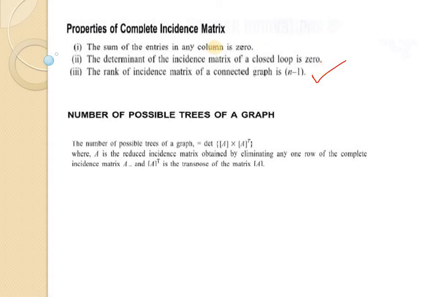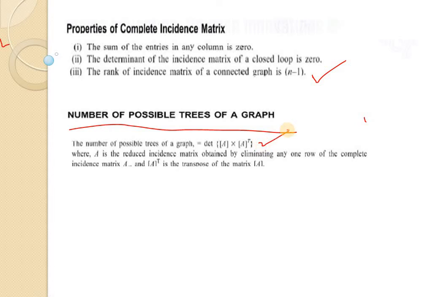Okay. Next, the number of possible trees of a graph. The number of possible trees of a graph equals basically the determinant of A into A transpose. That indicates the number of possible trees of a graph.